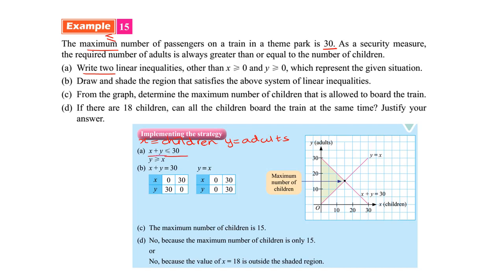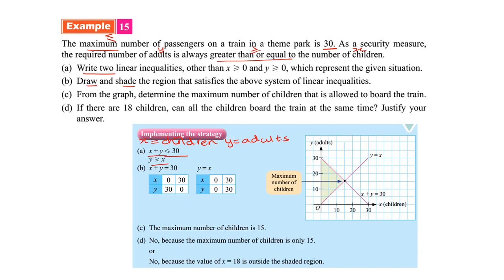The second inequality: the number of adults, y, is always greater than or equal to the number of children, x. So y is greater than or equal to x.